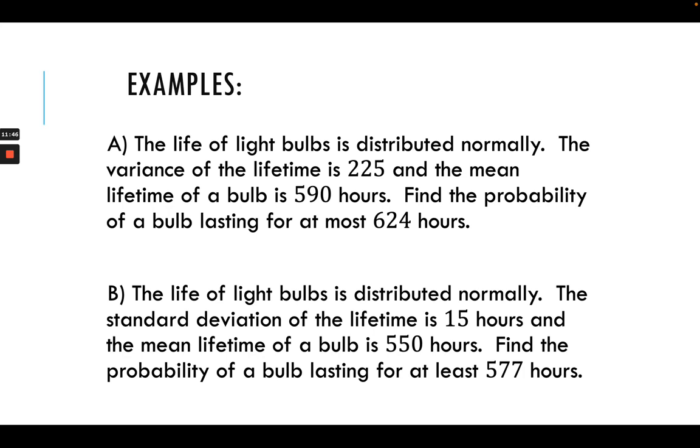And so you want to set up your normal CDF for everything to the left of 624. Then for B, you're looking for the probability for at least 577, or more than 577. And so when you're setting up B, you want to set up for everything to the right of 577.